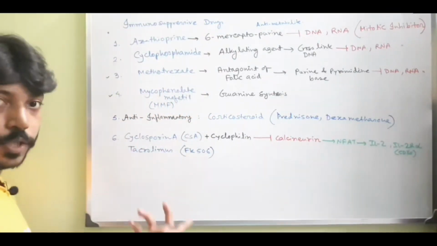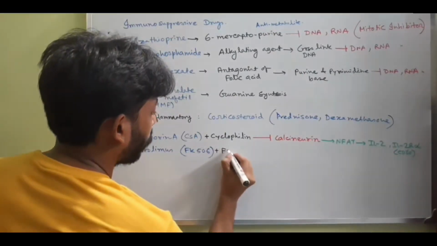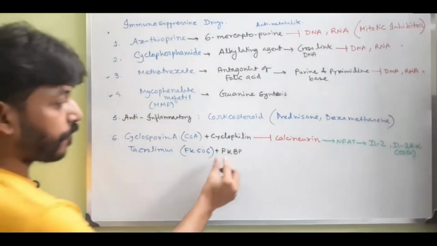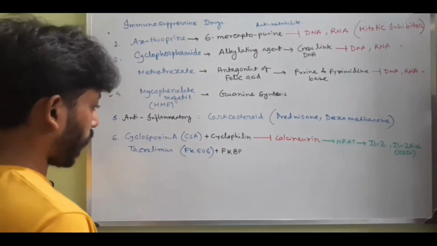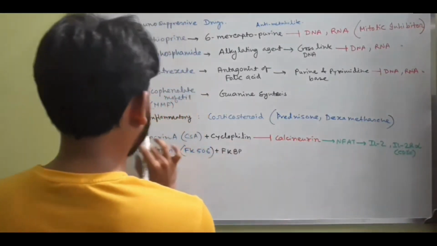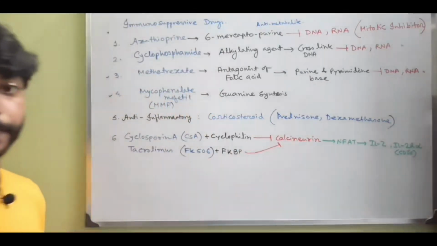Tacrolimus is another molecule, called FK506. This molecule also binds with another partner called FKBP, that means FK binding protein. When they bind with each other, they perform the same function as cyclosporin A; they also inhibit calcineurin.